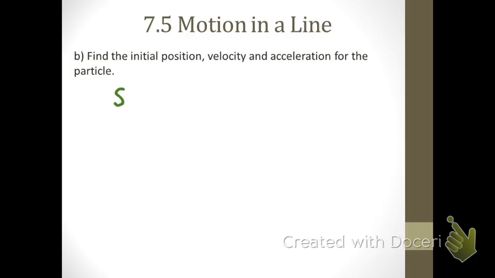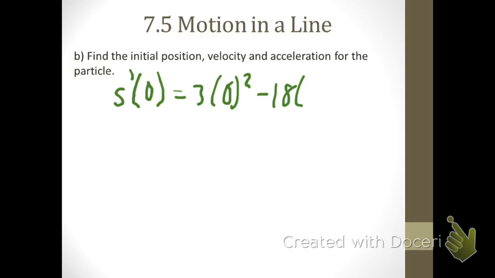Then we're going to find out what s prime of 0 is in order to figure out what the initial velocity of this particle is. And that's going to be 3 times 0 squared minus 18 times 0 plus 15, which is just going to simplify to be 15.